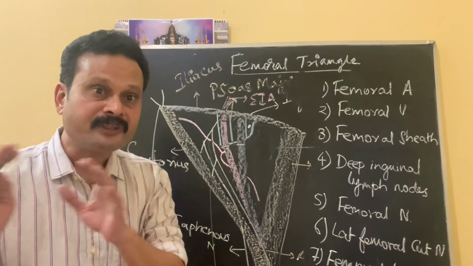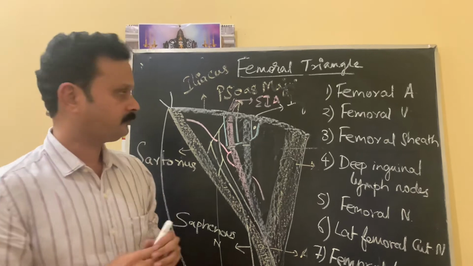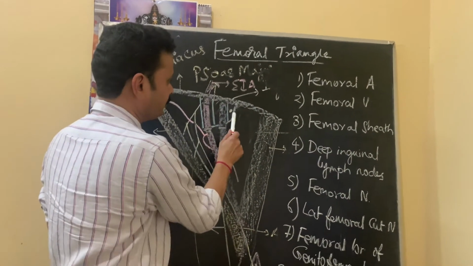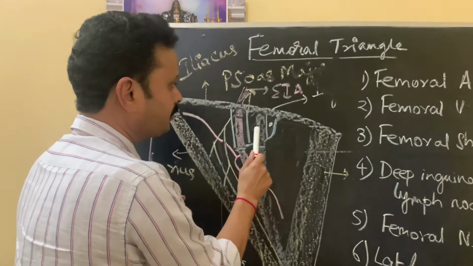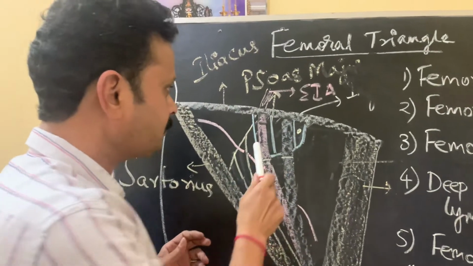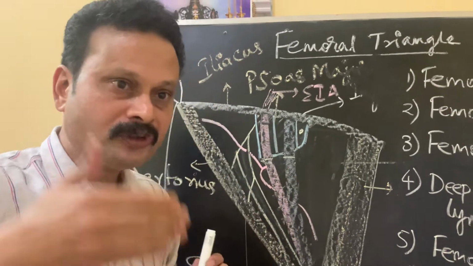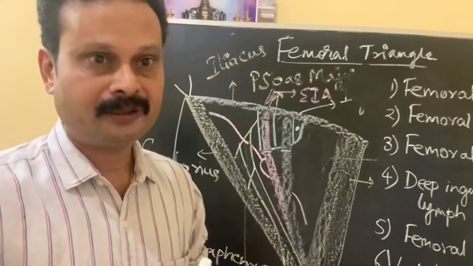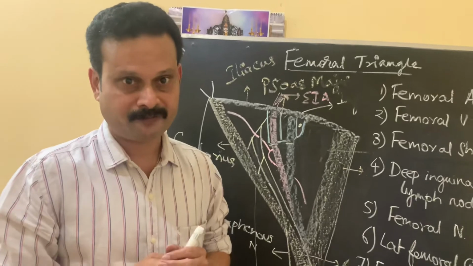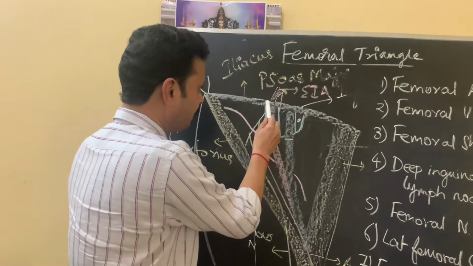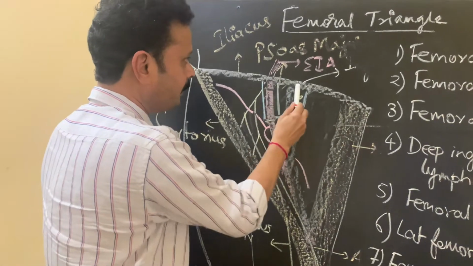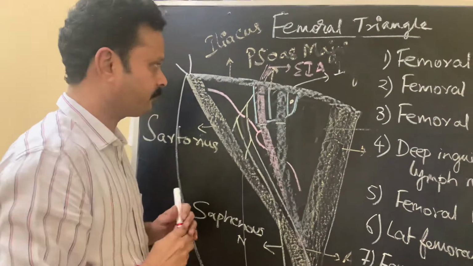What are the subdivisions of the femoral sheath? These two. Now this completely is the femoral sheath. These are the two partitions you are seeing. That means two anteroposterior septa divide the sheath into three compartments. Is it clear? So this is the lateral compartment, this one is the middle compartment, and this is the medial compartment.